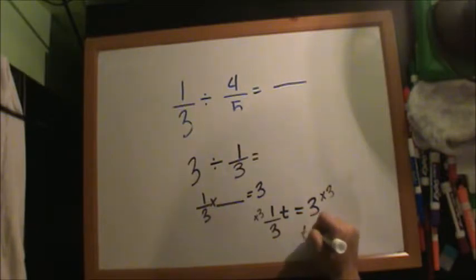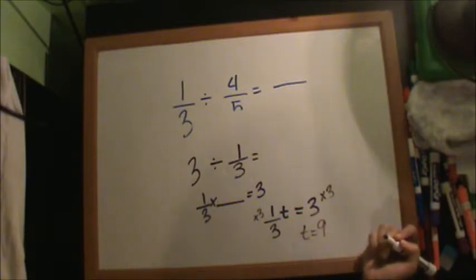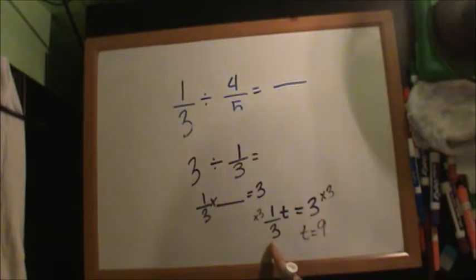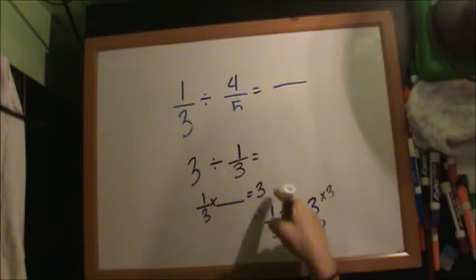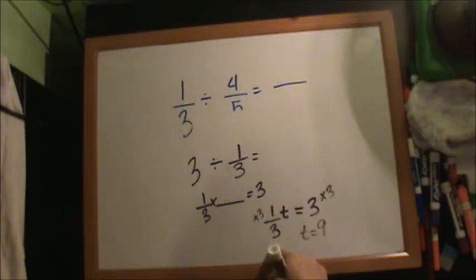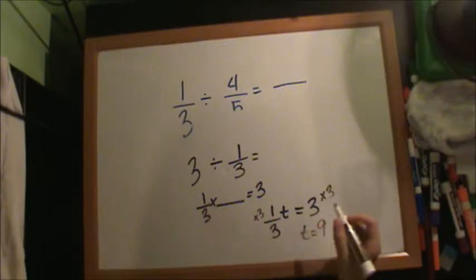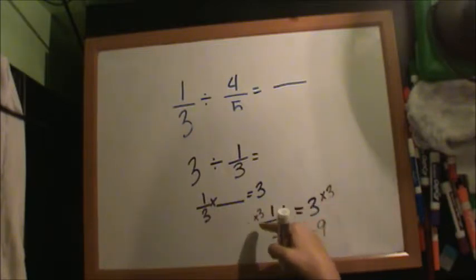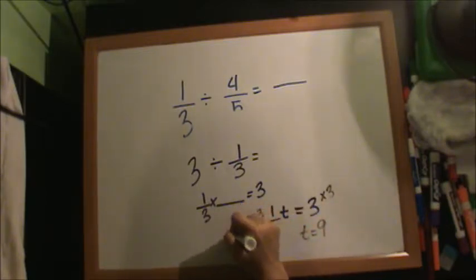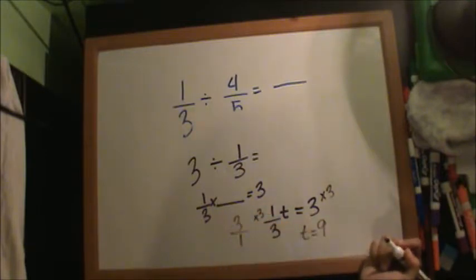So we have t equals 3 times 3 gives us 9. So what we just did essentially was flip this fraction. Because what we did, multiplying by 3, is the same as flipping that fraction.